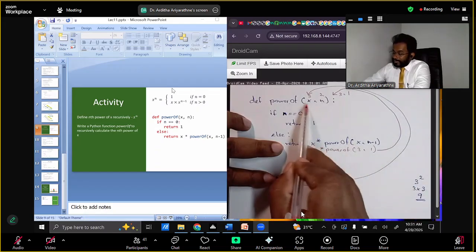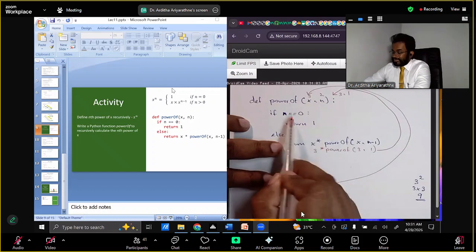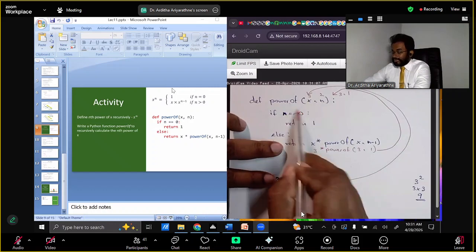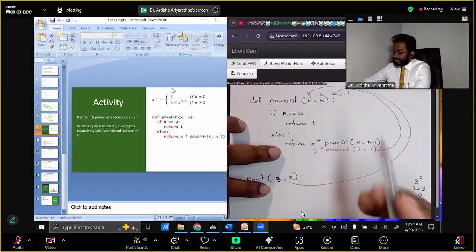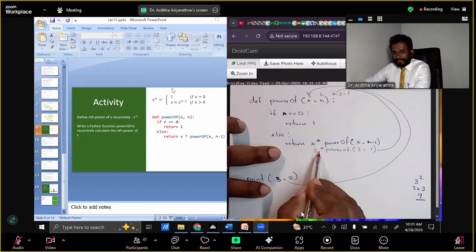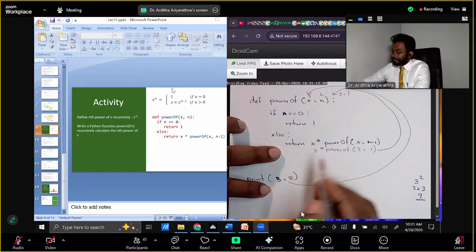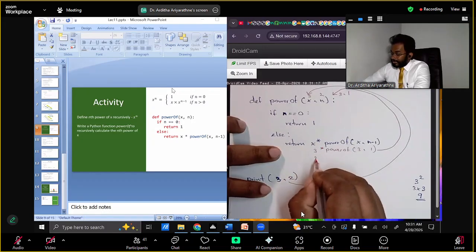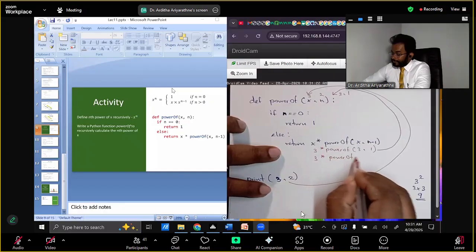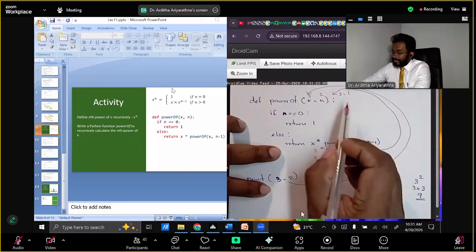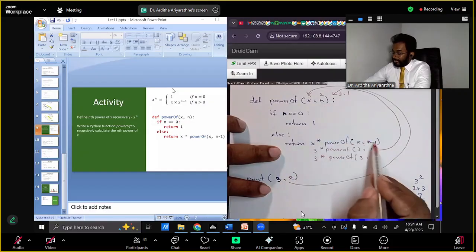Now this is 3 and 1. Still n is not equal to 0. Because of that, the if condition is false. Again we are coming to else. Again we have a return statement. We are returning 3 multiplied by power of 3, and here n is 1, 1 minus 1 is 0.